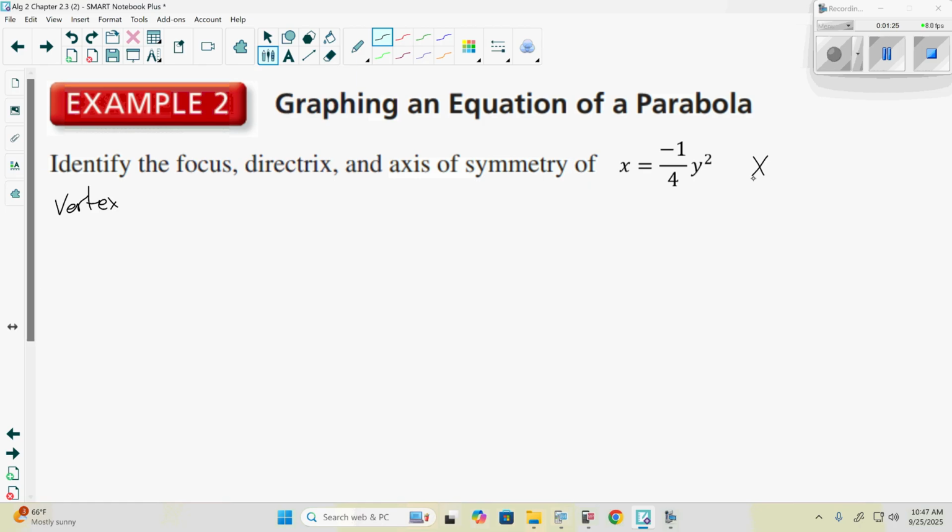So as we did yesterday, the general form is a times (y minus k) squared plus h. Now we do still need to find the values of h, k, p, and a. So h is added on the outside. Well, that value is 0 since there is no value added to the end.